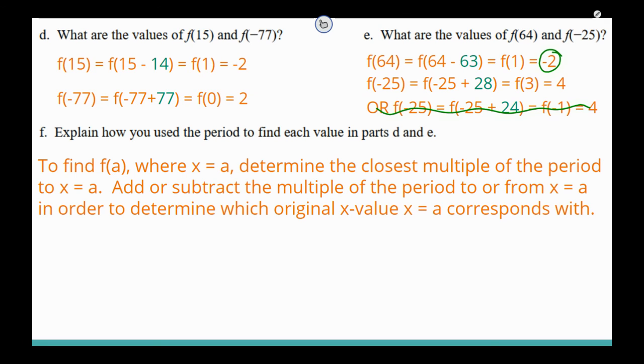Then add or subtract that number to or from a to find which original x value that corresponds with. I have 21 on my paper.